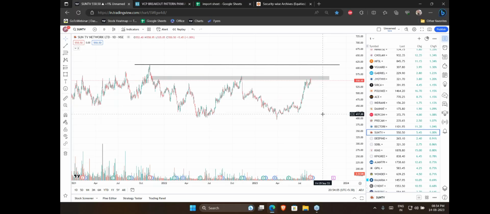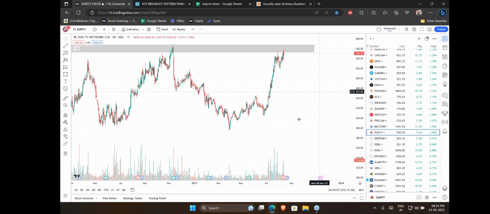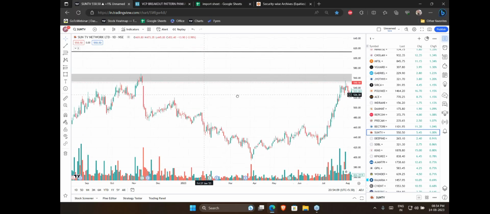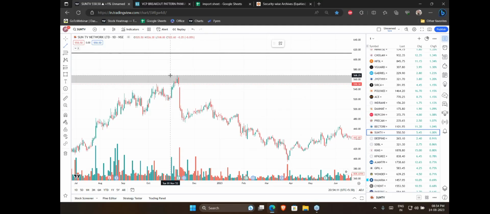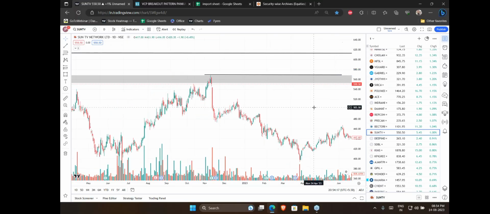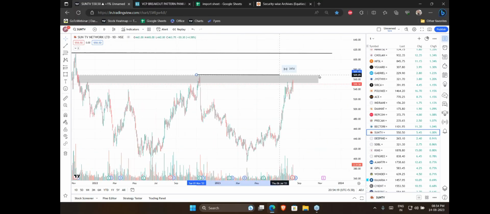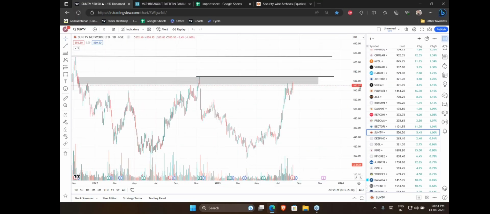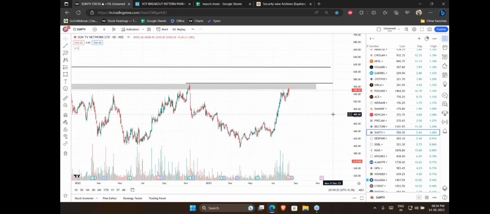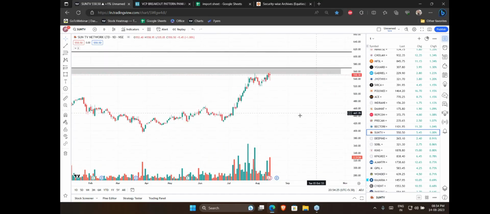That is going to be your T1. Where do we buy it? We'll buy above this place, that is around 570. So if Sun TV breaks, we'll have a breakout entry at 570.